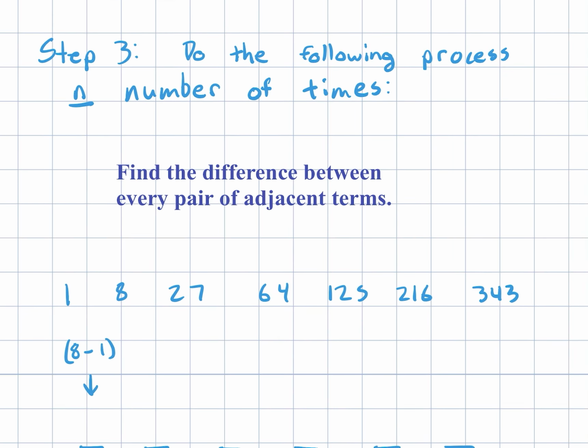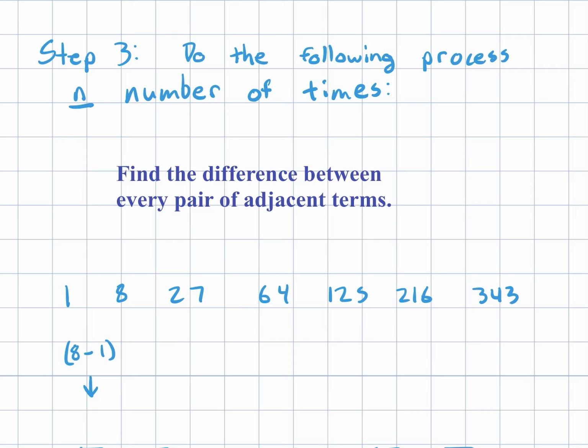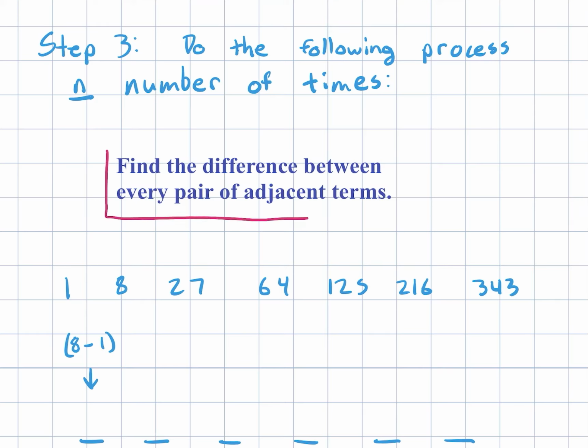Step 3 is probably the most confusing. It's to do the following process n number of times, which is why n has to be a whole number for this proof, because in order to do an action, you have to do that action a whole number of times. And so the action is to find the difference between every pair of adjacent terms.